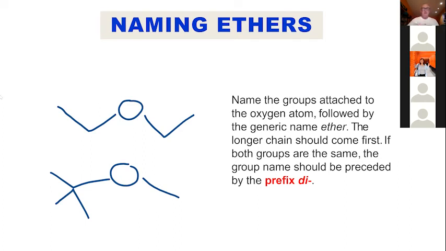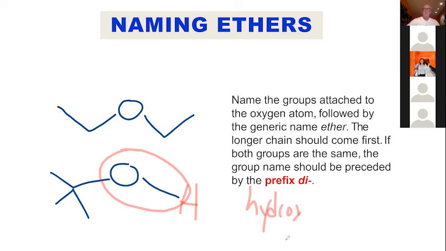And that is by calling this whole thing a substituent. So if this was a hydrogen, we would just call it a hydroxyl group. But if it has a carbon attached to it, so if this is CH3, we call it methoxy, because it has a methane, a single carbon, and an oxygen.